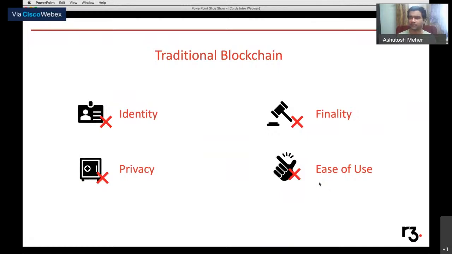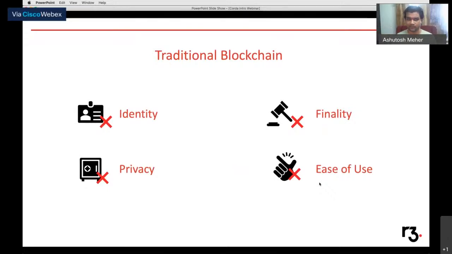The second problem is around privacy. Blockchains are really good at having transparency, but what level of transparency is required in businesses? You can't have all the data available to everyone in the network.